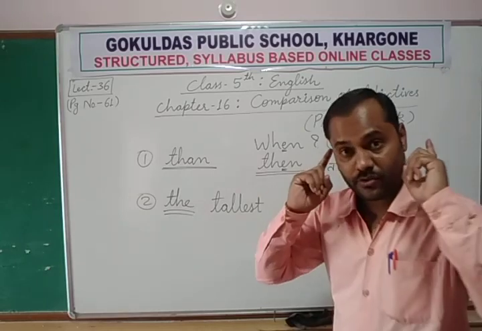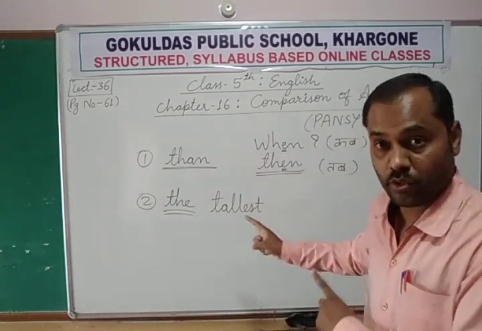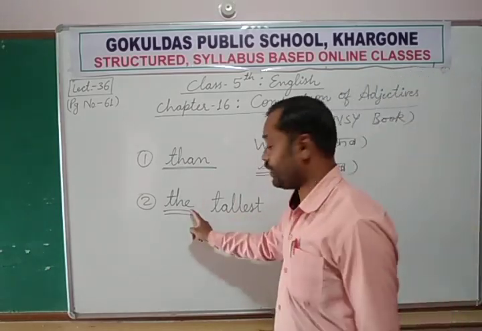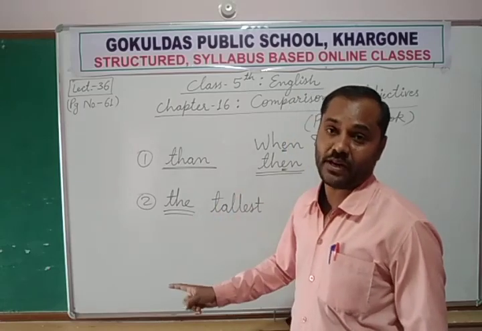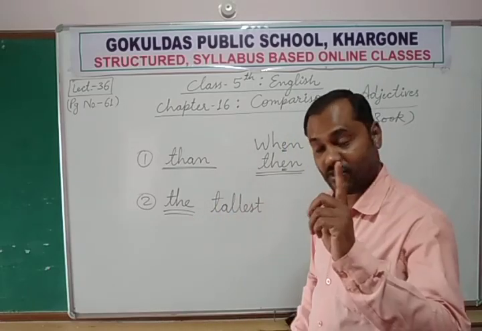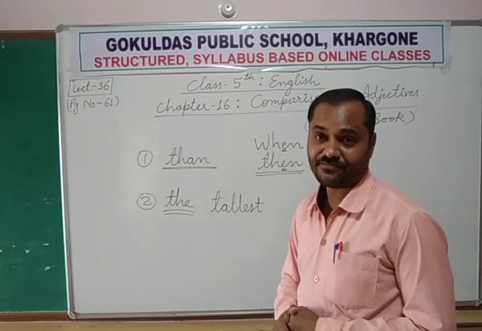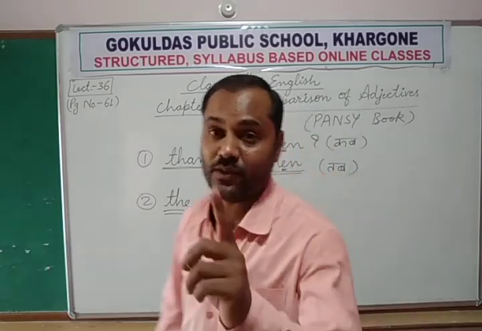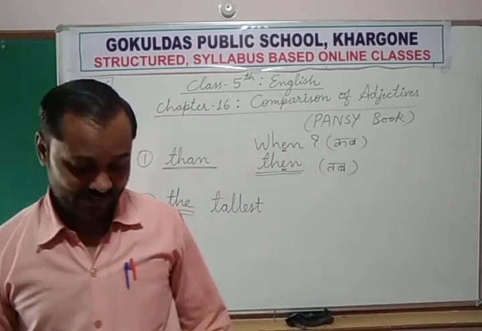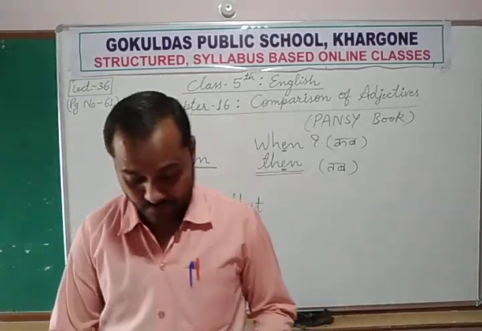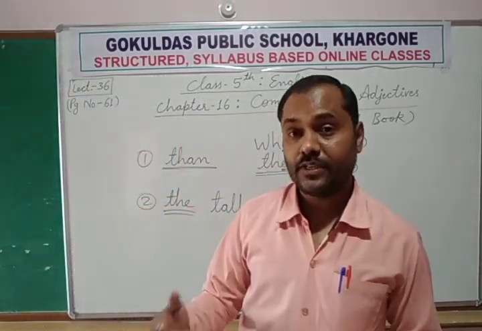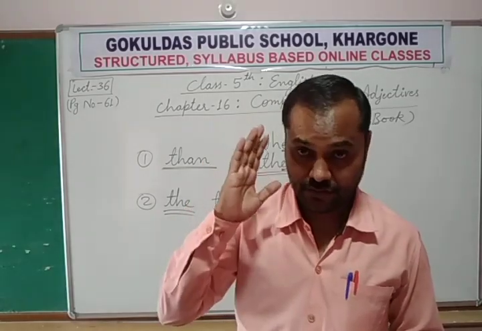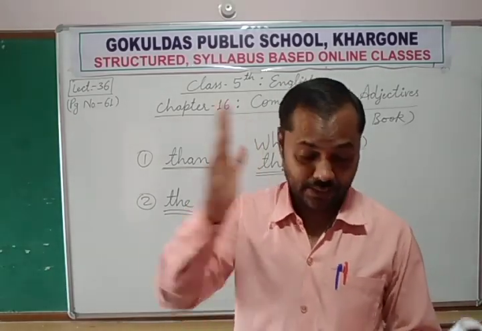So if you remember this rule, that just before the superlative degree we always place the article "the", the tallest, the highest, then here you will secure 1 mark. So these are the rules you need to always remember, always memorize.